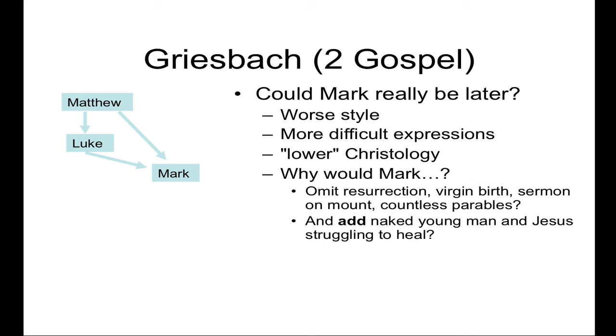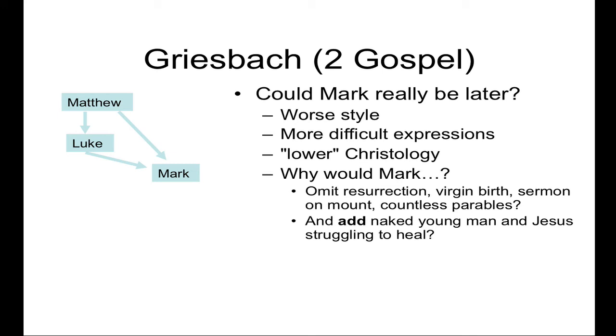So time and again, Mark says something that's baffling, and it's hard to see why he would have added those. Mark has a lower Christology. That's a modern category, but not an altogether modern category, and that is that Mark treats Jesus more like a wonder-working figure along the lines of Apollonius of Tyana.